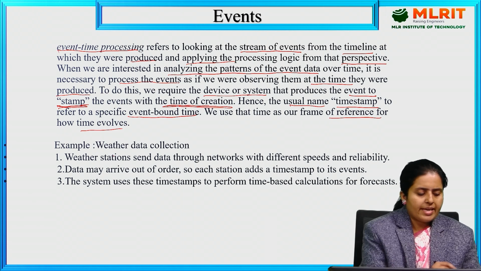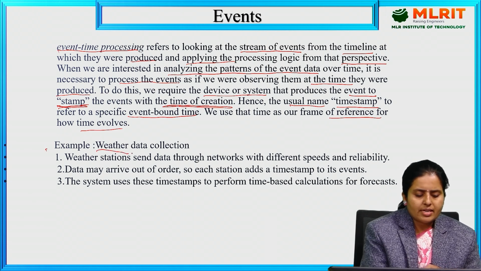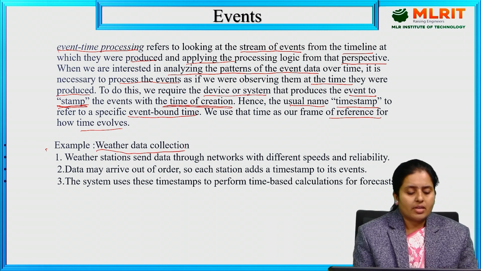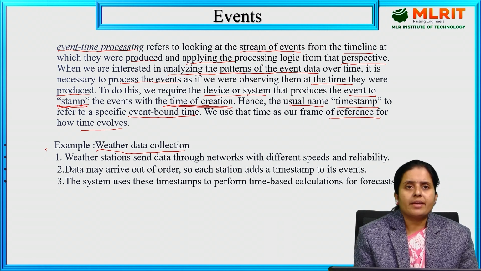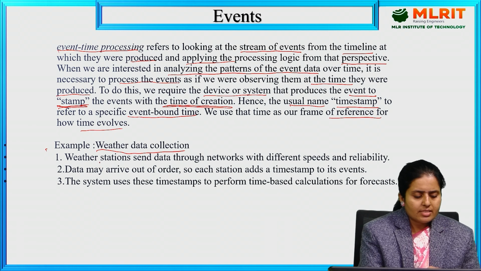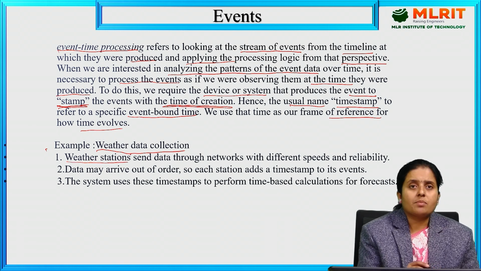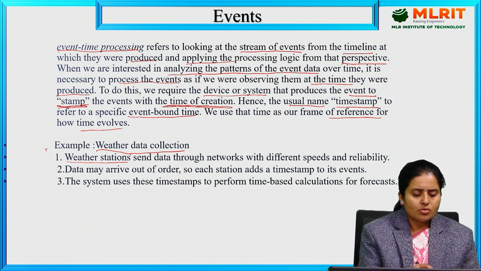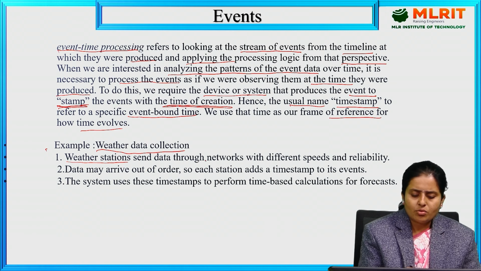If we take an example, I have taken weather data collection. To collect the weather data, we require a device which stores the sensor data, called weather stations. We have multiple weather stations in the real world. Those weather stations send data through networks with different speeds and reliability.